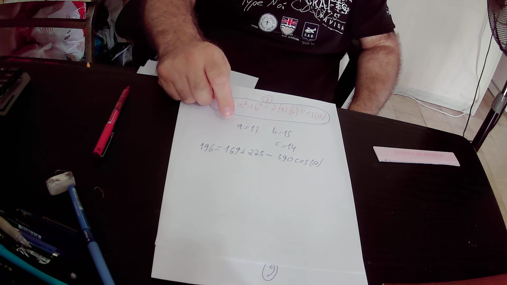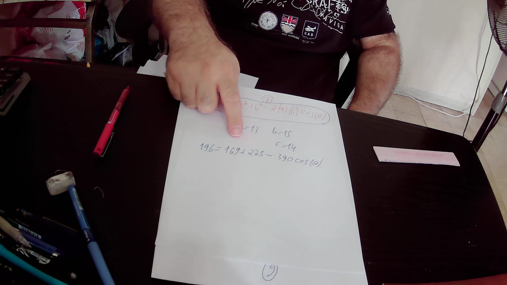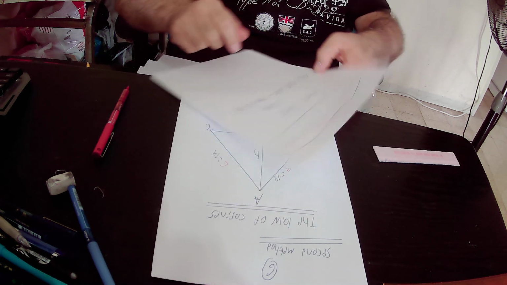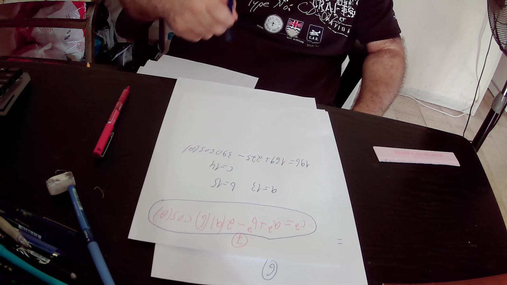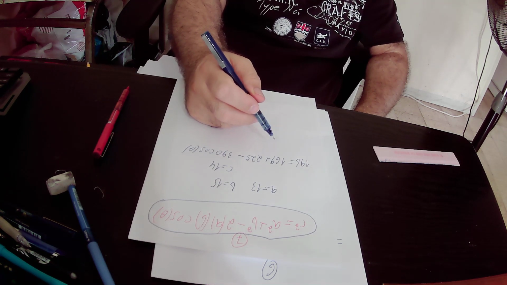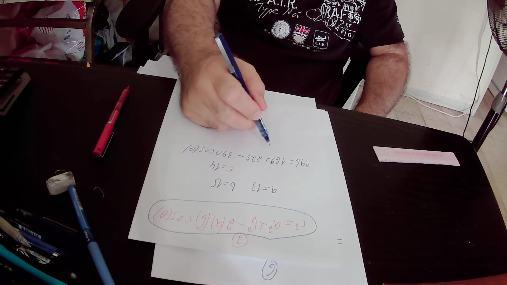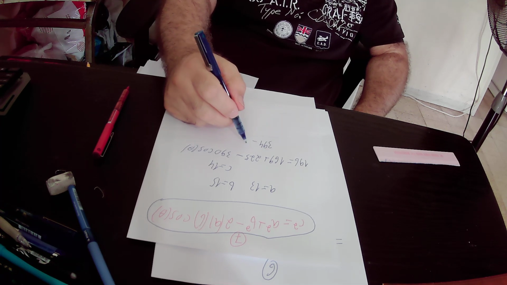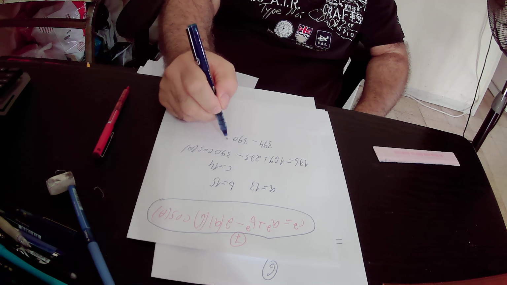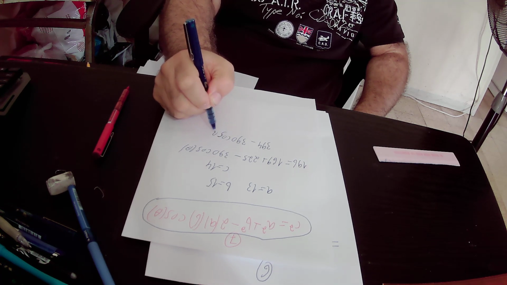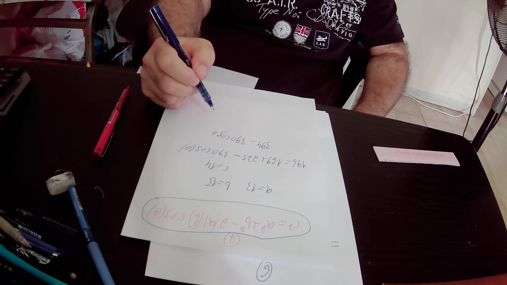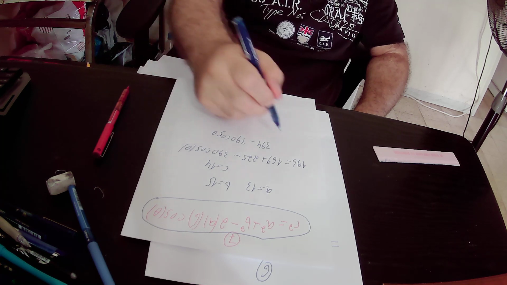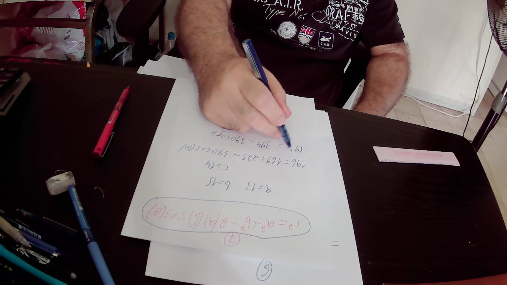Here we will add 169 to 225, and we will get that 394 minus 390 cosine theta equals 196.